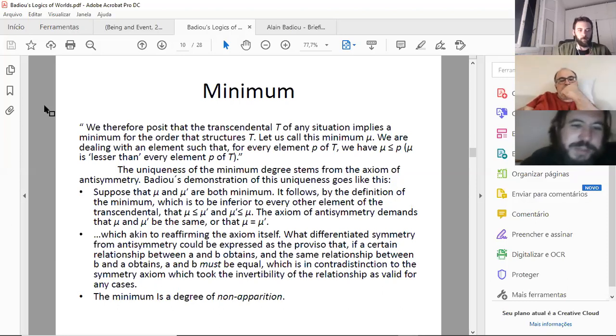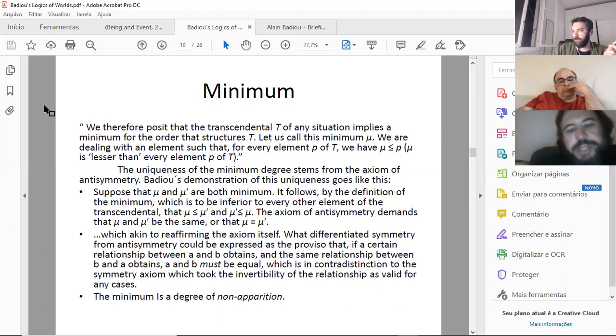Suppose that mu and mu prime are both minimum. It follows by the definition of the minimum, which is to be inferior to every other element of the transcendental, that mu is lesser than or equal to mu prime, and mu prime is lesser than or equal to mu. The axiom of antisymmetry demands that mu and mu prime be the same, or that mu equals mu prime, which is akin to reaffirming the axiom itself.